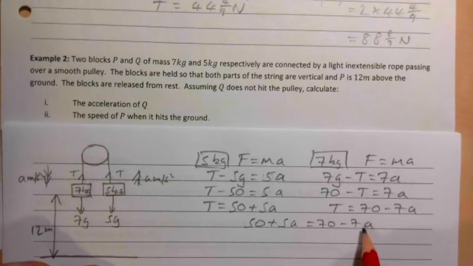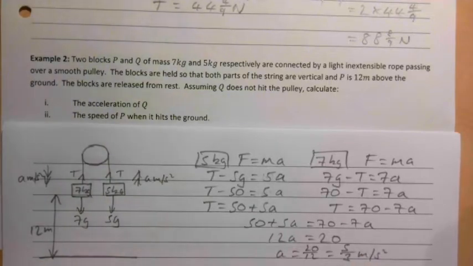I would add 7A to both sides, so I would get 12A and take 50 from both sides equals 20. A is 20 over 12, which cancels down into 5 over 3 meters per second squared. So that's the acceleration.